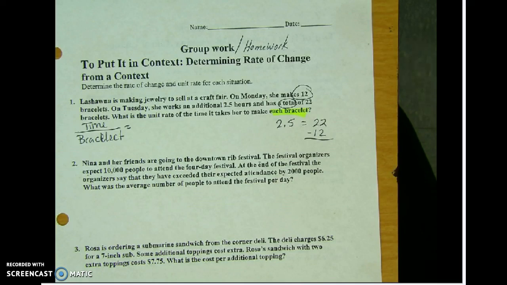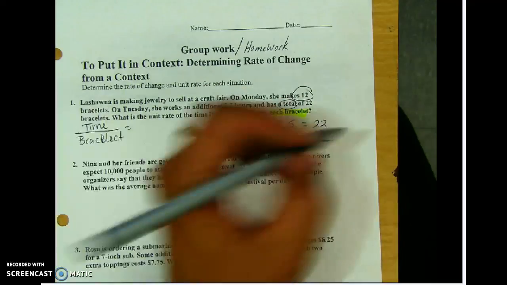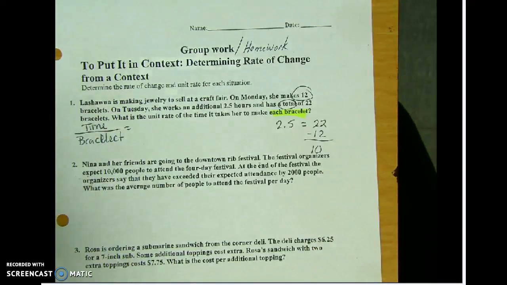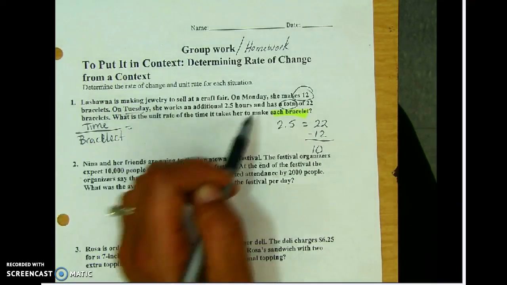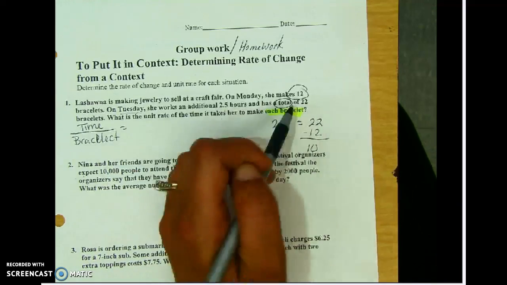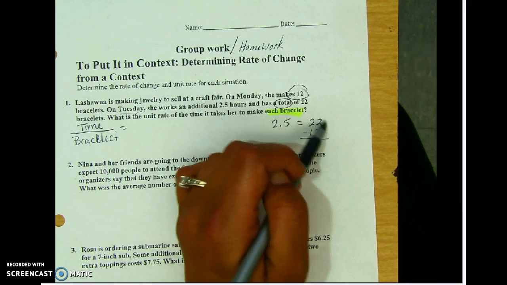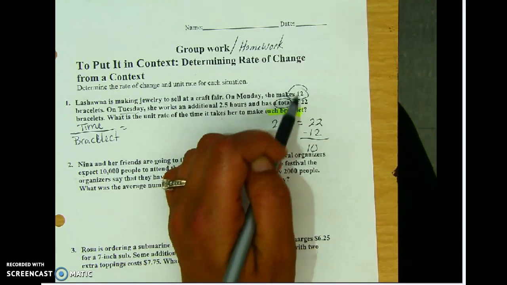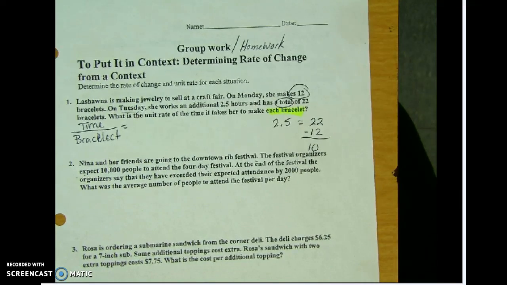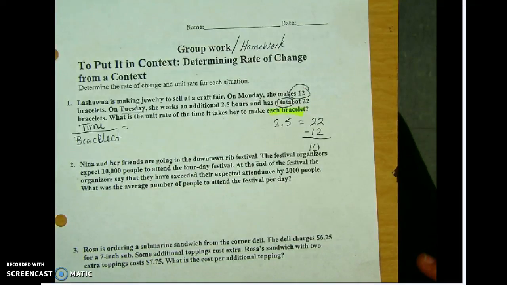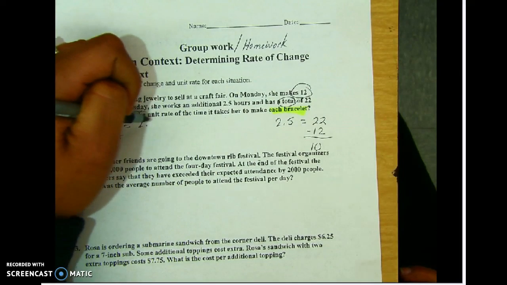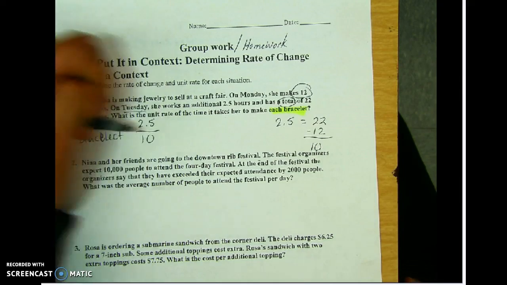When I subtract that, that is going to give me how many bracelets she made on Tuesday, because on Tuesday she worked 2.5 hours and she has a total of 22 when you add the 12 she previously had. So now she has 10 bracelets. So the time is 2.5 hours for 10 bracelets.